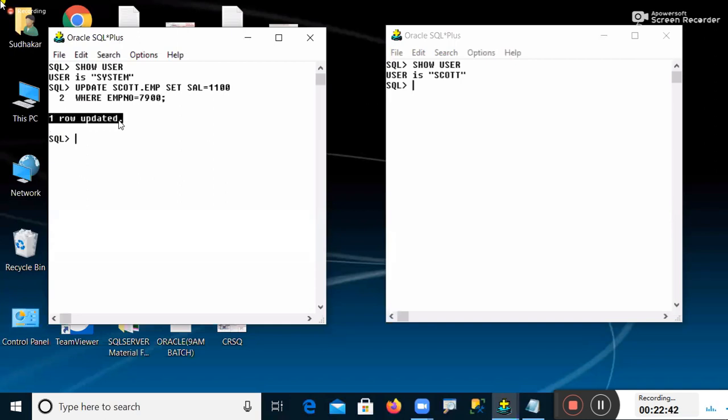Carefully observe: the system user sent a request, and it shows one row is updated. But now tell me, is this update performed temporarily or permanently? Temporarily, as we already know.